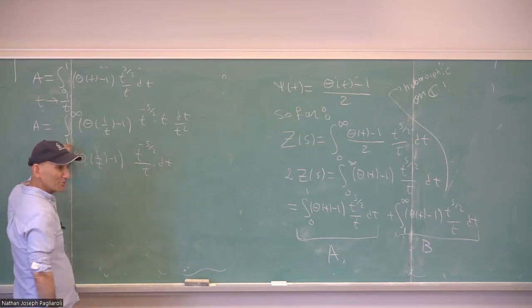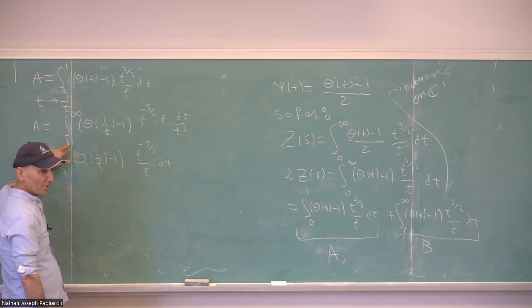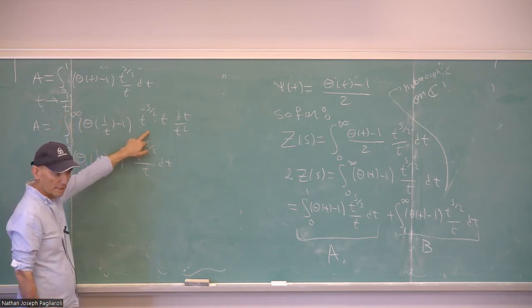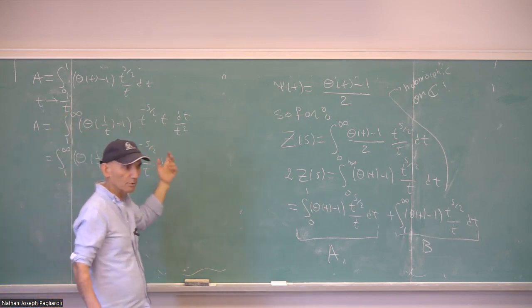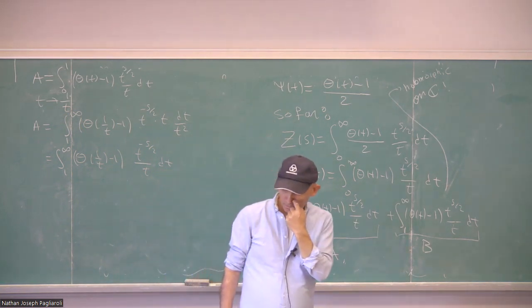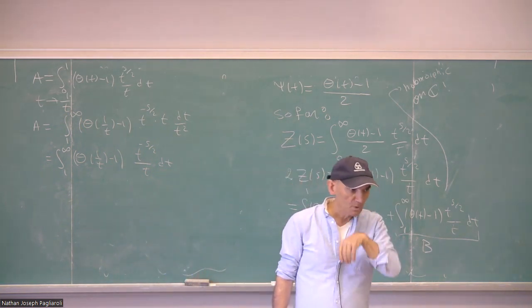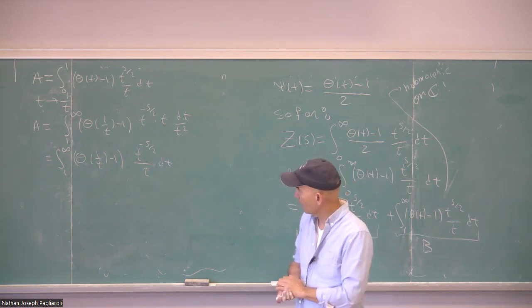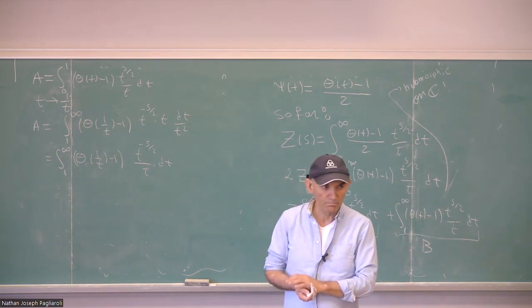Yes, if you do that, you change the orientation. You start from infinity to 0, so I change it to infinity to 1. I change it to 1 to infinity, but I compensate for it with that sign of minus 1. So that's okay. So far, so good. Okay. Question?